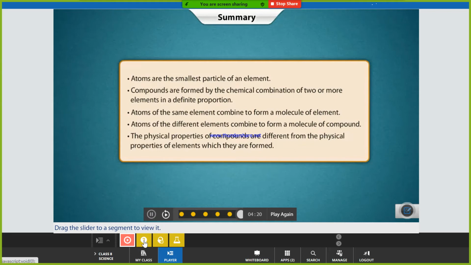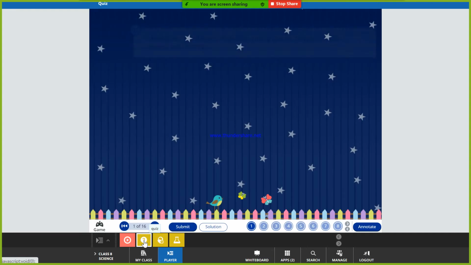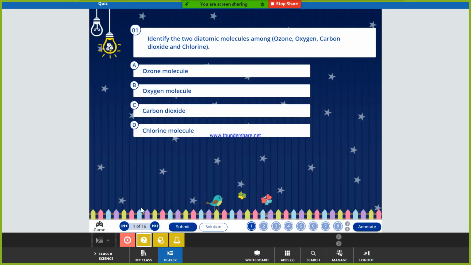I'm going to ask 2 simple questions. You write the answer. Identify 2 diatomic molecules among ozone, oxygen, carbon dioxide and chlorine. What is the answer?